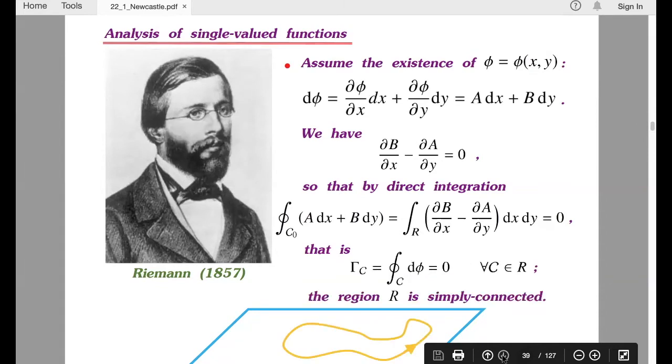And indeed, we say that for any loop C, the circulation is 0, and the loop can be shrunk to a point. In this fashion, we say that the region is simply connected.